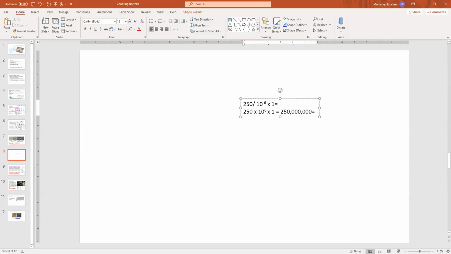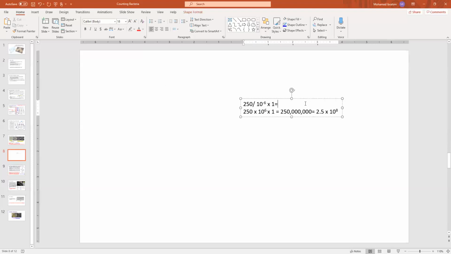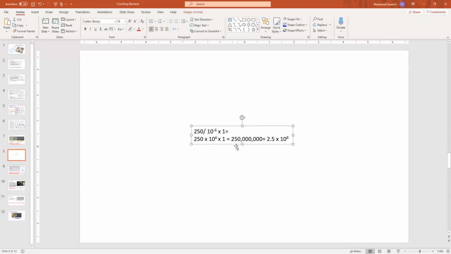Which is going to be 250,000,000. You convert this to scientific notation, that will be 2.5 times 10 to the power of 8. And that will be your colony forming unit. So when you divide, remember you are dividing 250 divided by this. When you multiply now, that needs to be changed. The sign here is going to be plus, not minus. And that will be your colony forming unit.